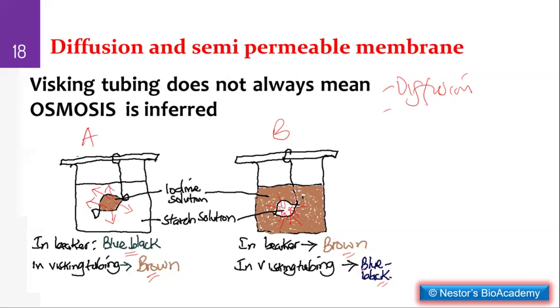And by forming the starch-iodine complex, a blue-black color is observed there. So this is a common experiment that involves diffusion across a semi-permeable membrane.